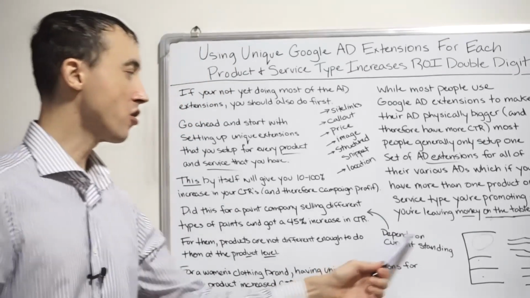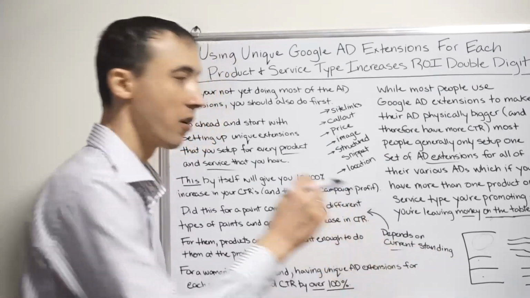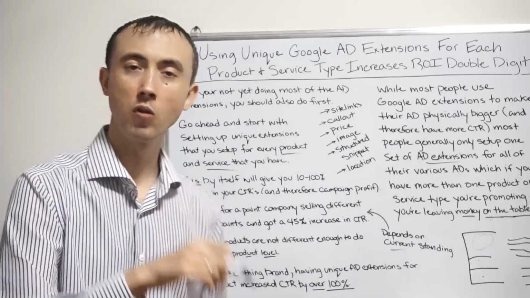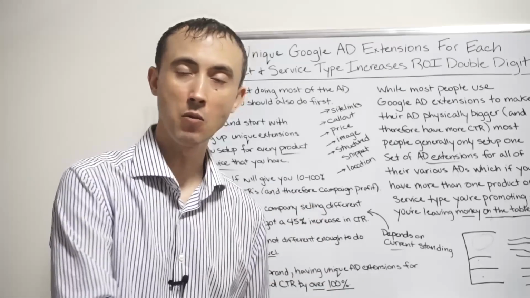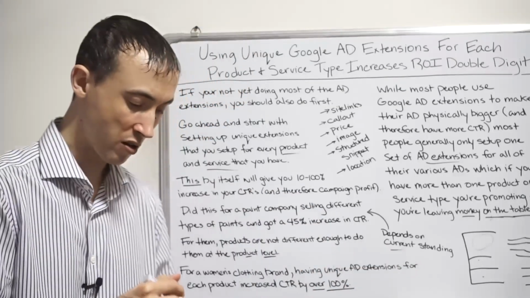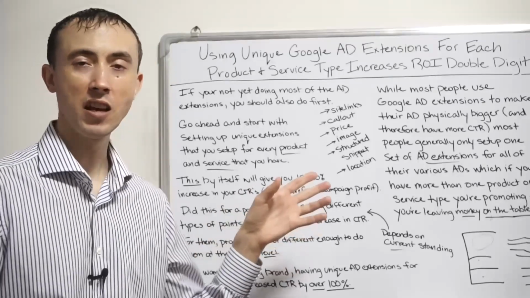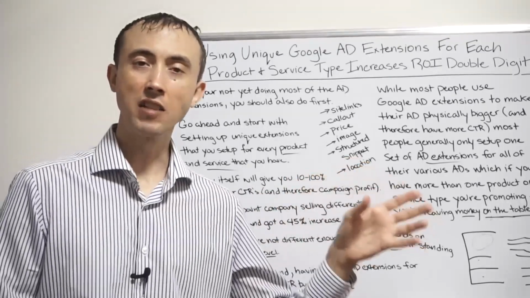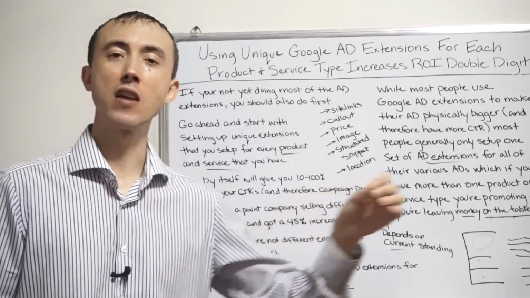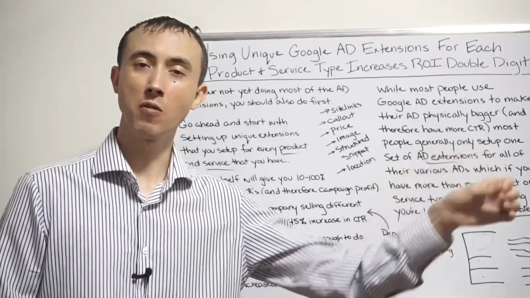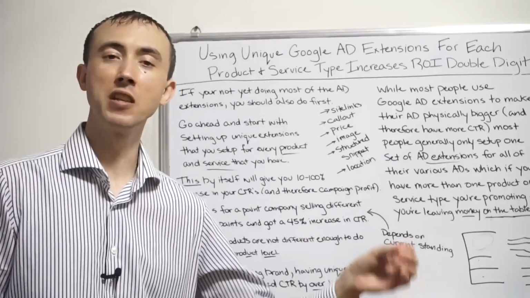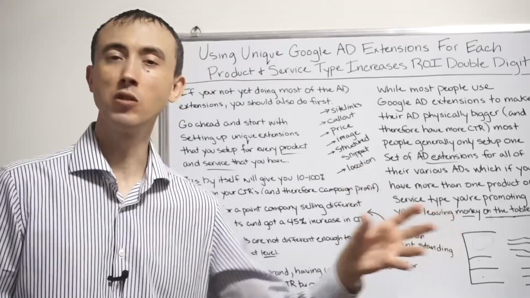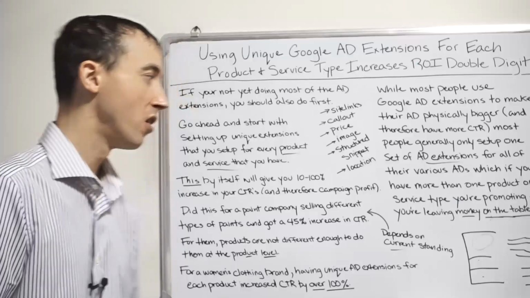So anyway, it depends on your current standing of how Google views how you are doing as an advertiser for that specific keyword, or just in general for all your keywords, of how much return you're going to actually get having the customized ad extensions for each category of product or service you sell, based upon how much viewability, size, usage of the ad extensions you have now.